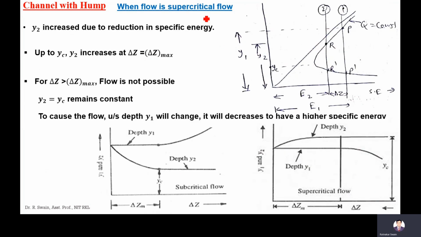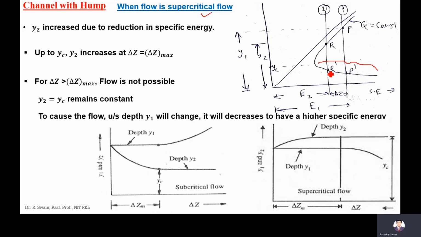Next one, flow is supercritical. When flow is supercritical, here you see this region, only this region. So E2 decreases if you increase the delta Z. It will decrease the specific energy, but it will increase the depth.